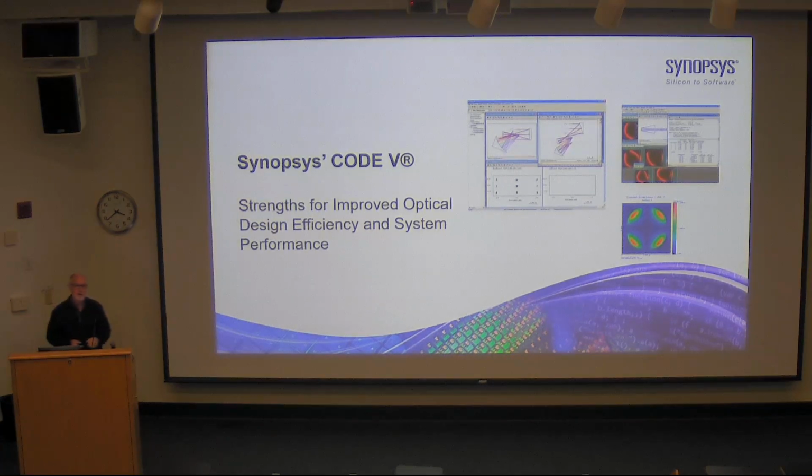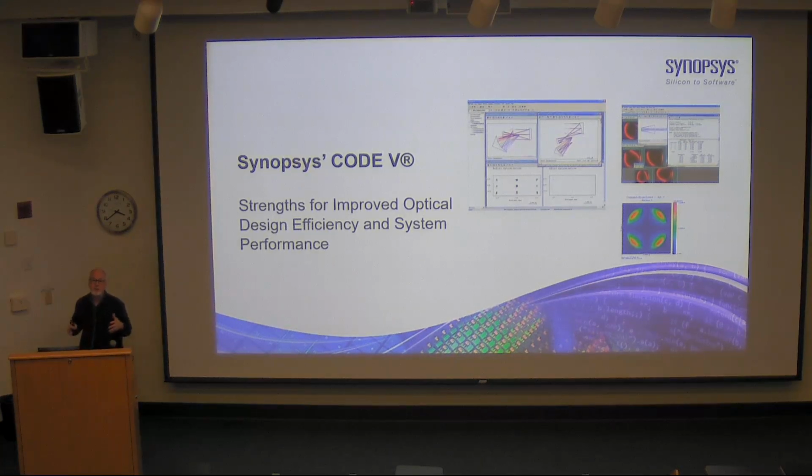All right. So this presentation is about Code 5, which is the classical optical design software for the development of imaging systems. And I understand that this is sort of adjacent to a lot of what you are doing. So I'm going to try to modify my talk a little bit to hit the higher points of things that you might be interested in terms of imaging science.